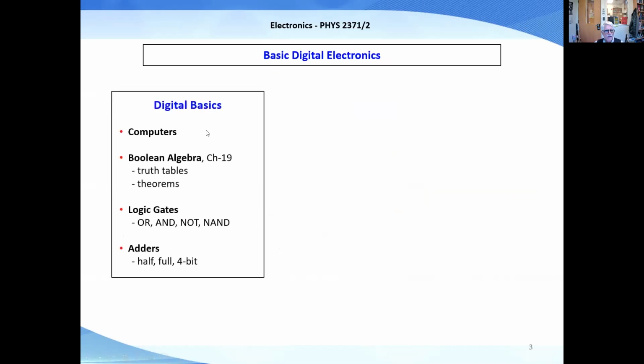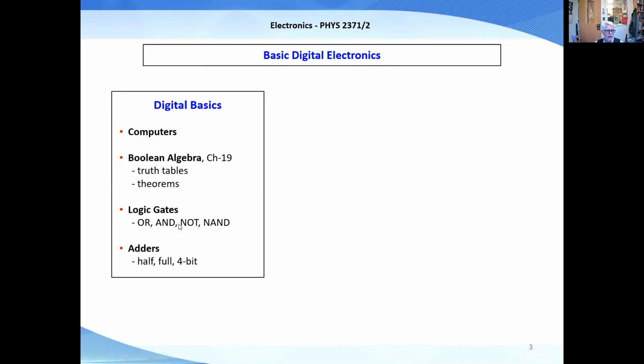Okay, digital basics. We'll go over that first. These are the basics of all our computers now. I mean, everybody's talked about quantum computers, but we're quite a ways away from that right now. So we'll go into Boolean algebra, truth tables, theorems a little bit, then we'll look at logic gates because that's what we're going to be using in our experiments.